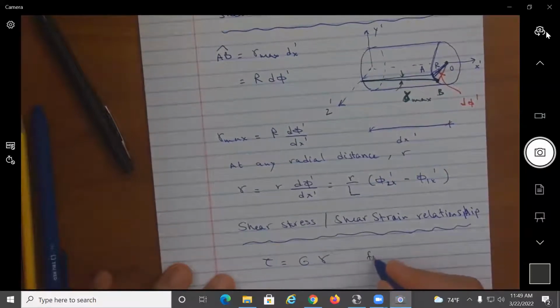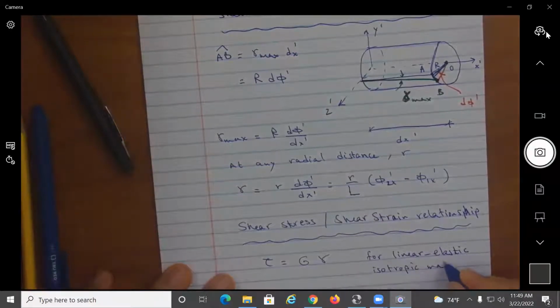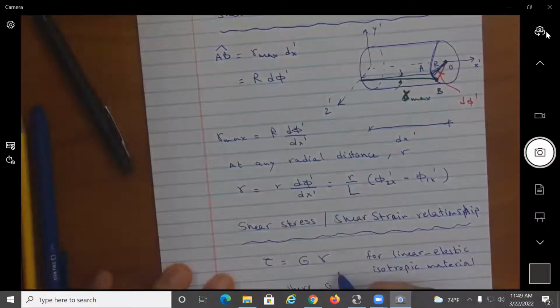So this is for linear elastic isotropic material, where G is the shear modulus of the material.